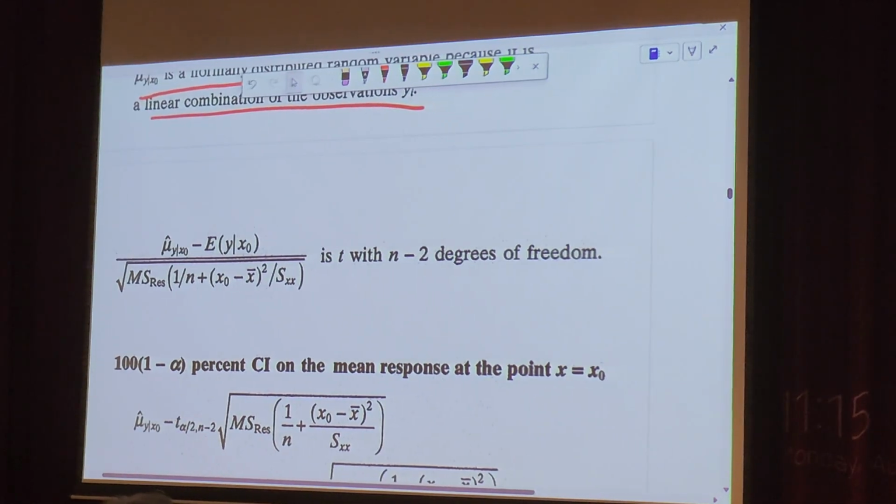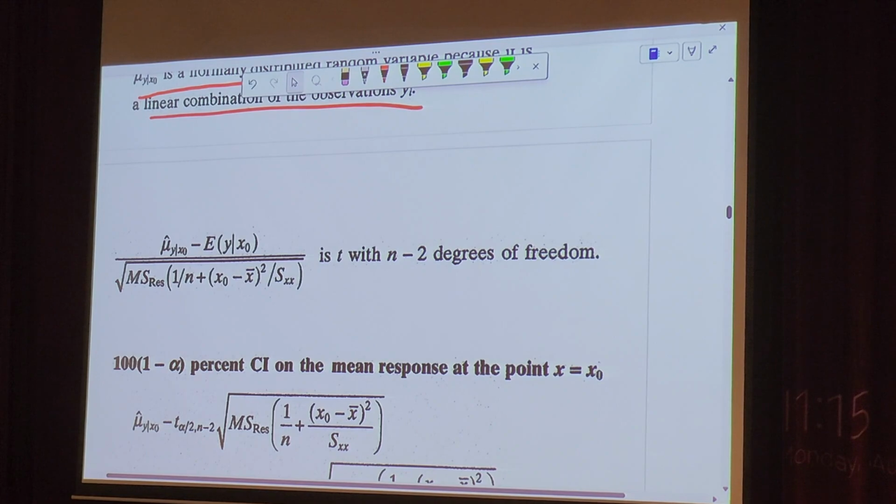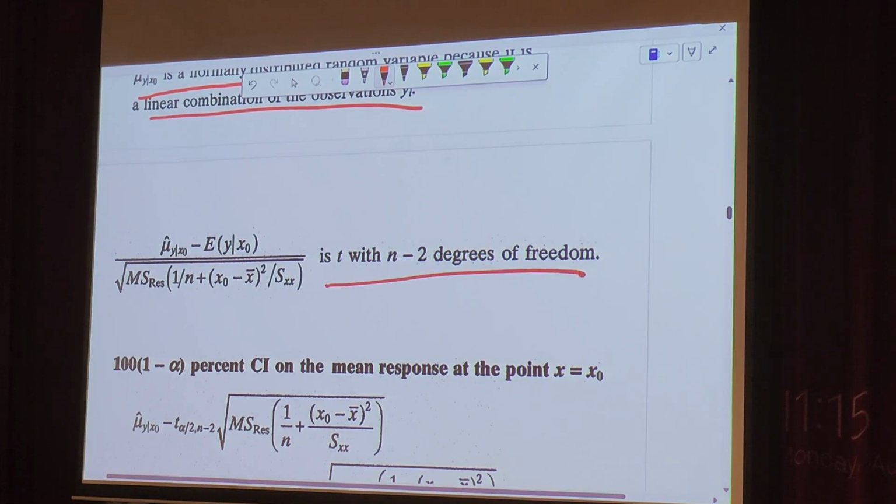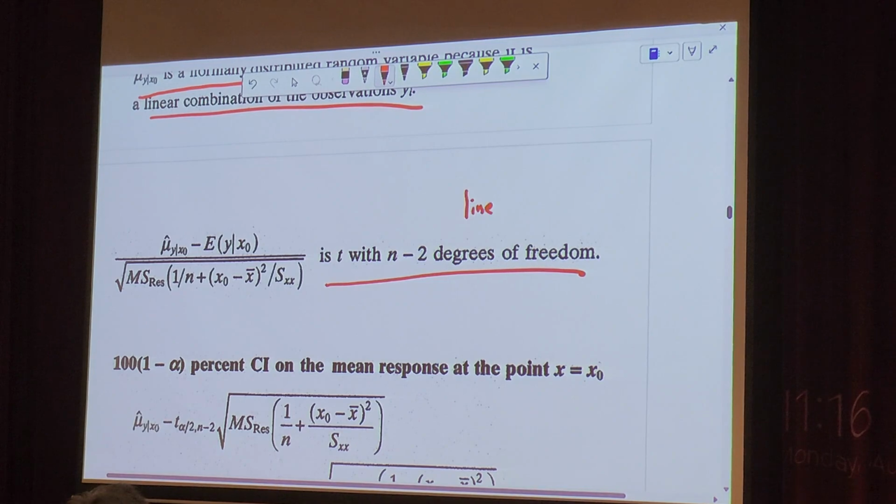Now, next is this: the estimator minus the parameter that we want to estimate, divided by the standard error of the estimator, has a t-distribution with n minus 2 degrees of freedom. Now, this comes from linear model theory.